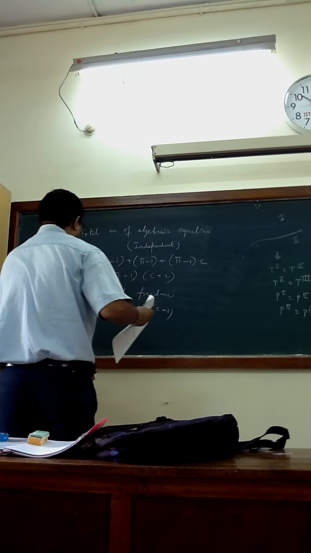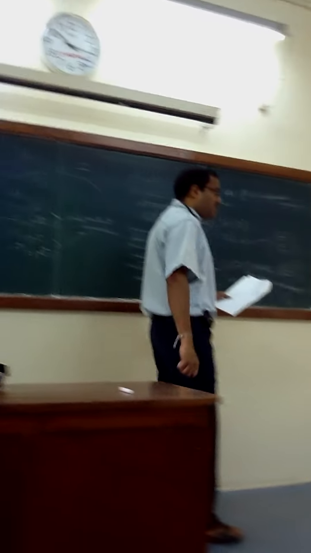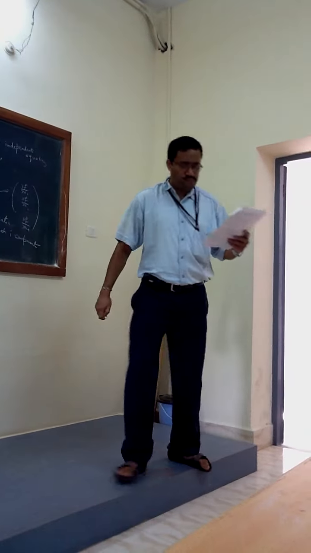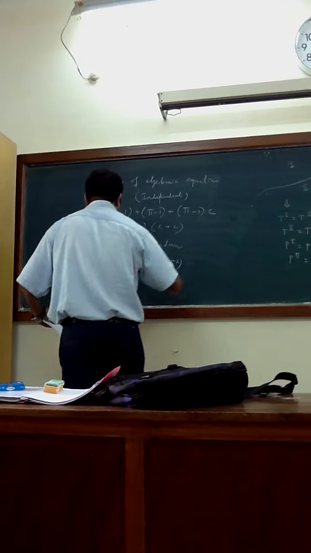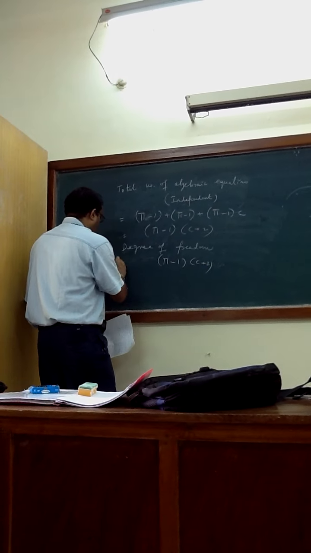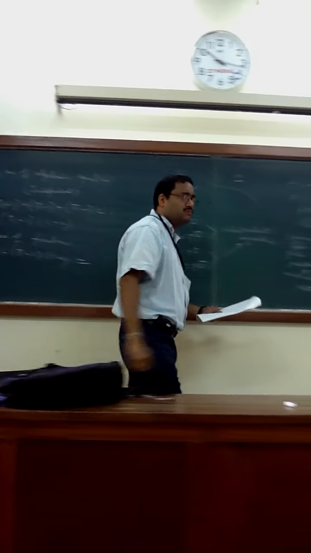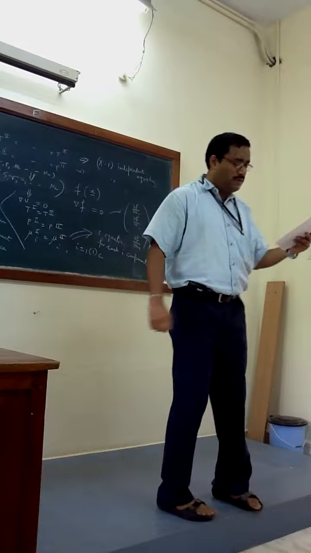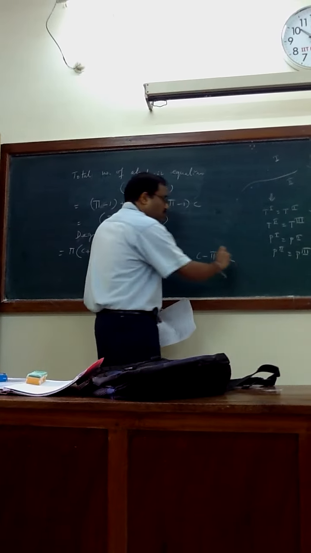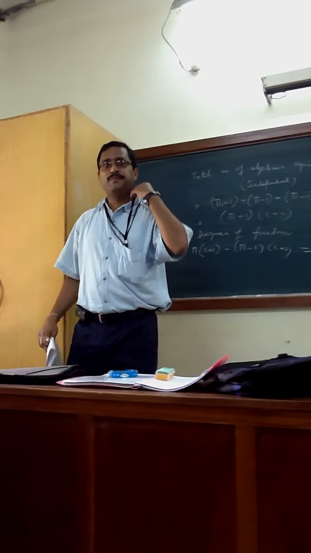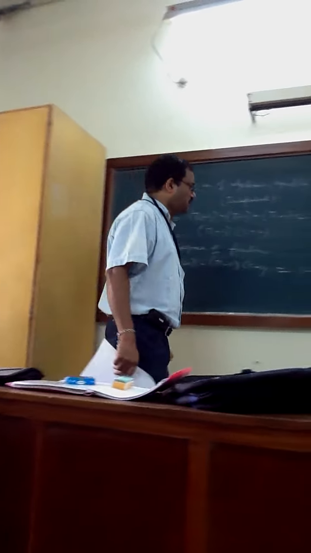So (π minus 1)C plus 2, then minus the number of π, π into... how much is coming? C minus π plus 2. That's what we have done earlier, but this is the first time we are proving it. You proved it earlier, Rahul, the first time. C minus π plus 2.